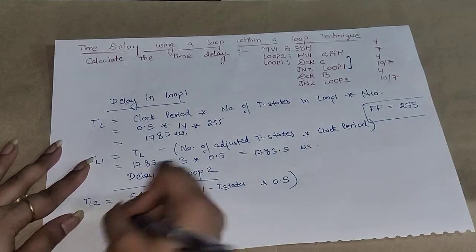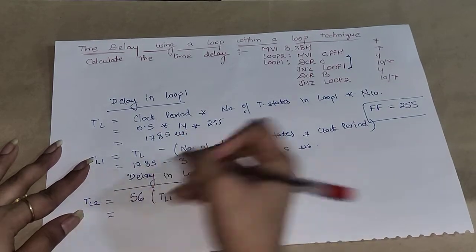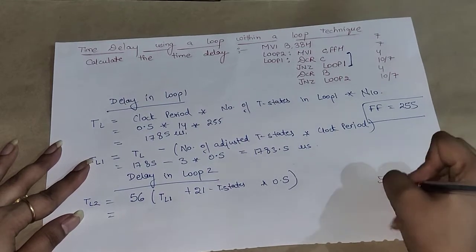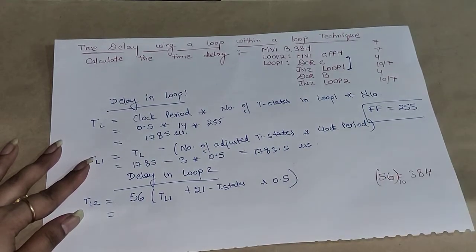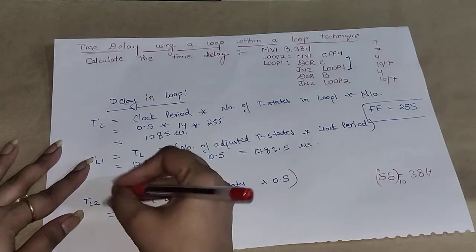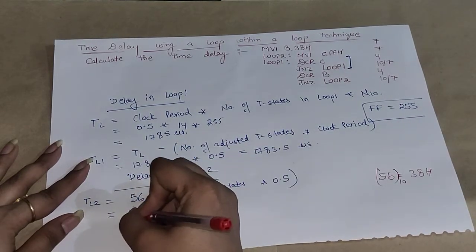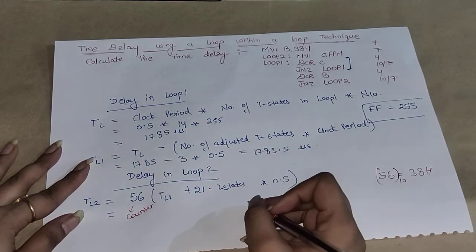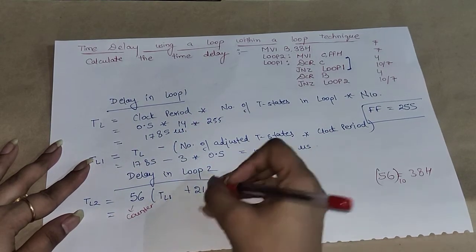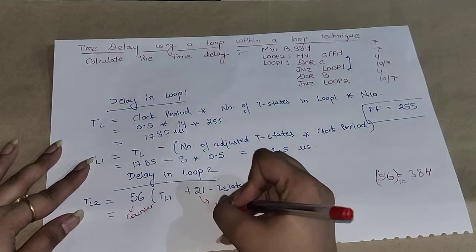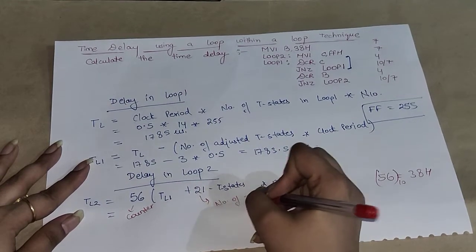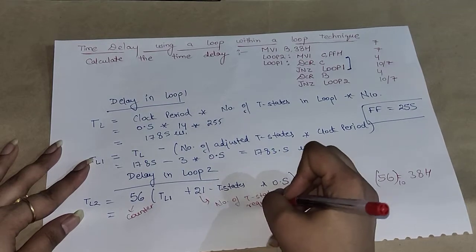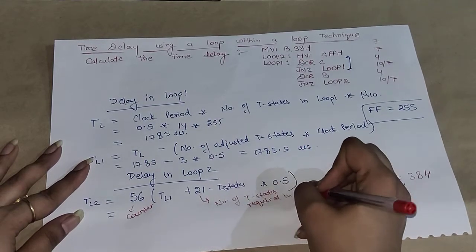Now what is this? This 56 is equal to 38H. 56 in decimal is equal to 38H. So this is the counter for loop 2. TL1 is the adjusted loop delay in loop 1. 21 is the number of t states required in loop 2.